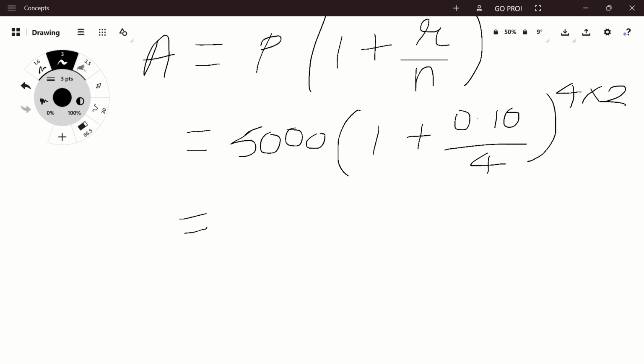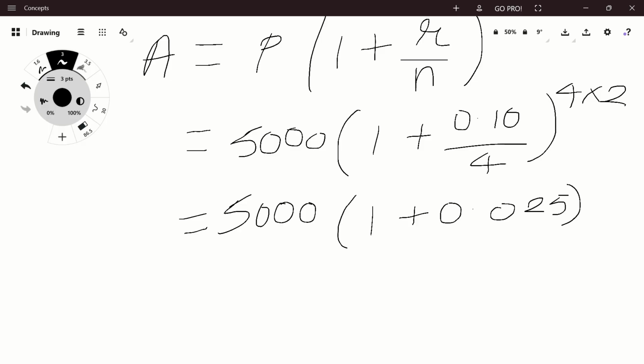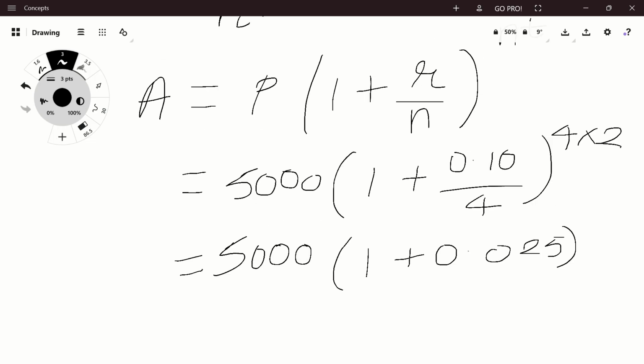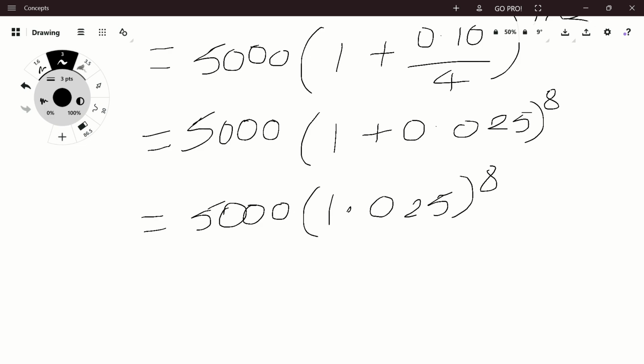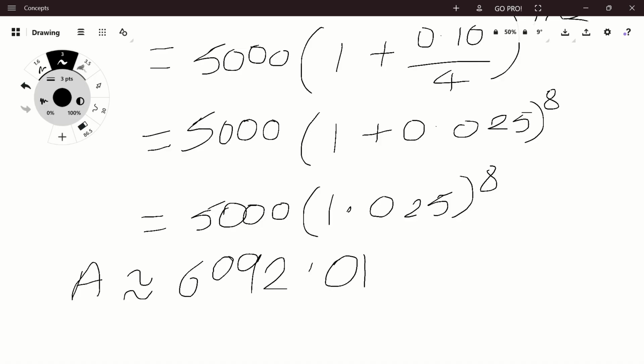Further solving it, we get 5,000 into (1 plus 0.025) to the whole power 8, which is 5,000 into 1.025 to the power 8, which makes A equivalent to 6092.014485.